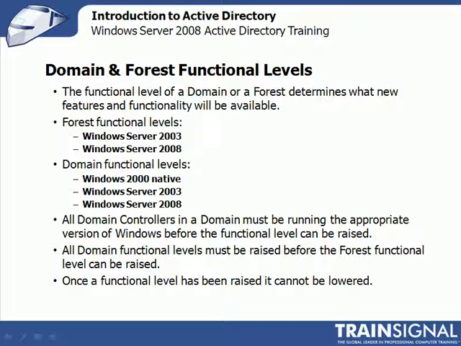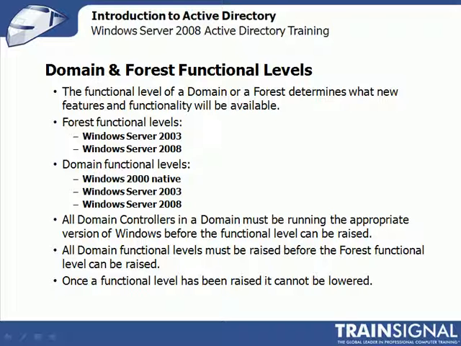The concept here is, first we had Active Directory in Windows 2000. Then we had Active Directory in Windows Server 2003, and that new updated version came with some new features and functionality. The problem is that Windows 2000 domain controllers won't understand those features.